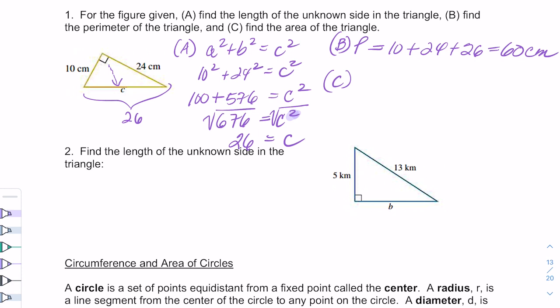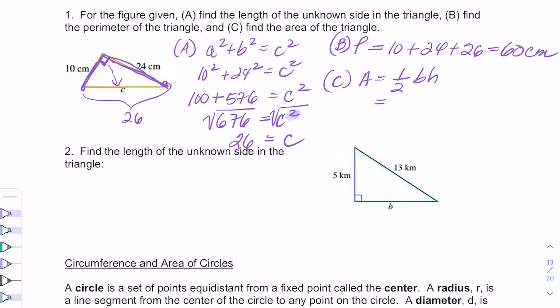And in letter C, it asks for the area. So the area of a triangle is 1/2 the base times the height. Now, what would my base and my height be? Remember that I said the base and height have to form a right angle. So if you look at this triangle, this leg and this leg, the A and the B, are going to be your base and your height because they make a 90-degree angle.